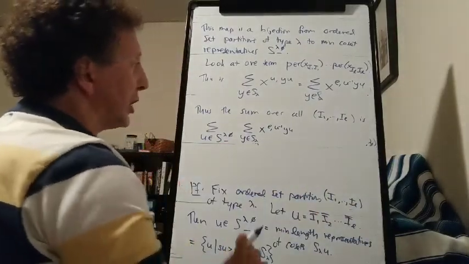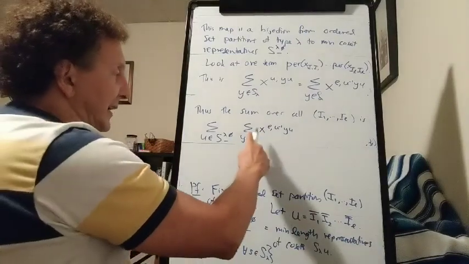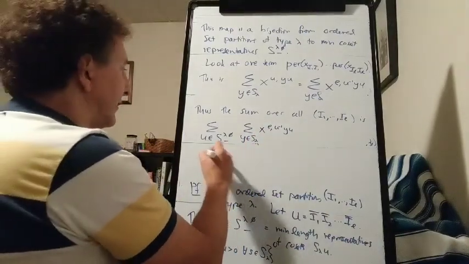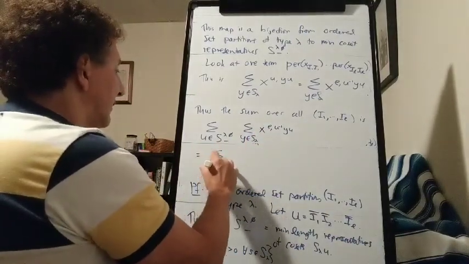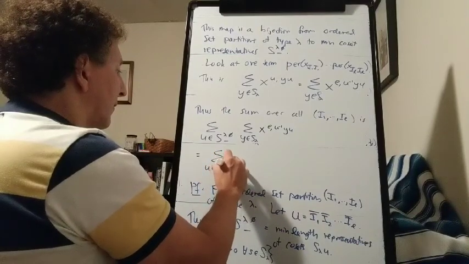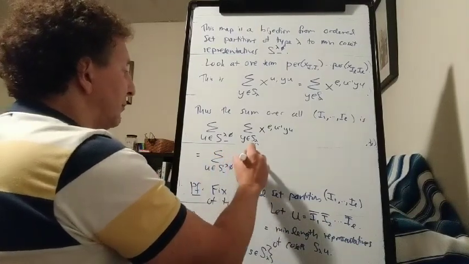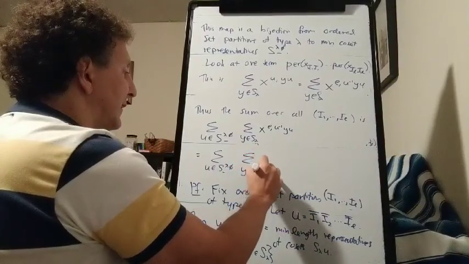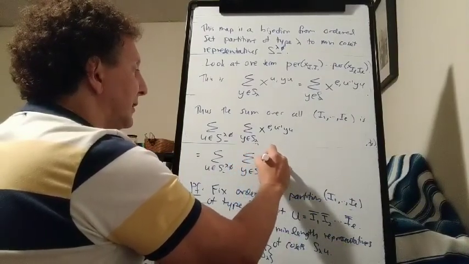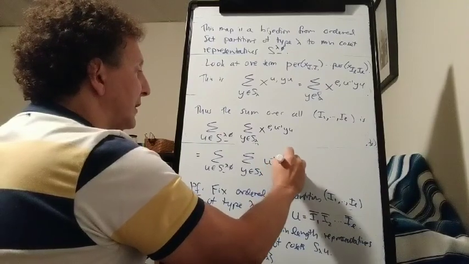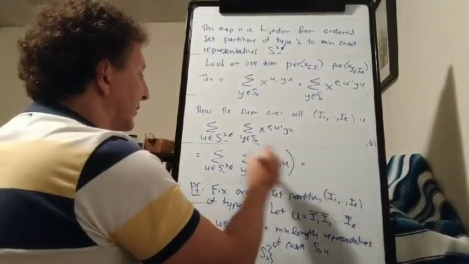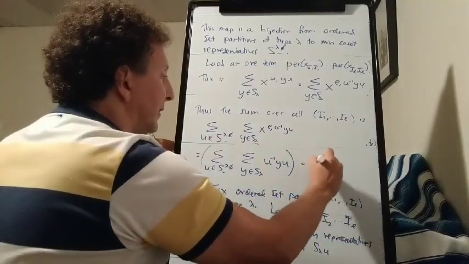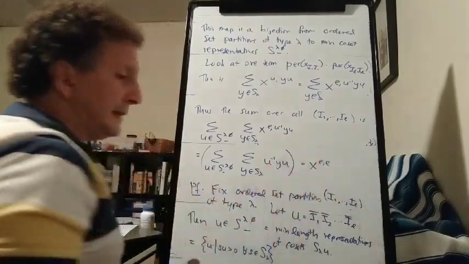Now we can look at this as an element of the group algebra acting on xee. So this is a sum over u, minimum coset representatives, sum over y in the Young subgroup, u inverse y u, all of this acting on xee.